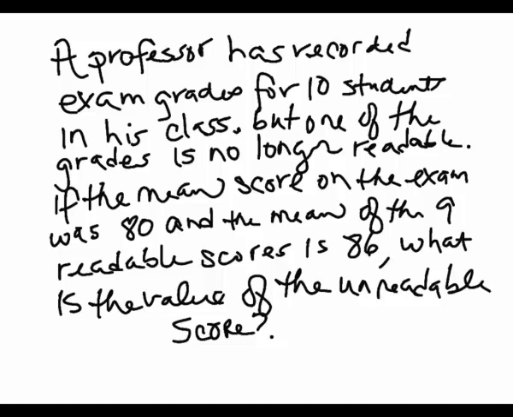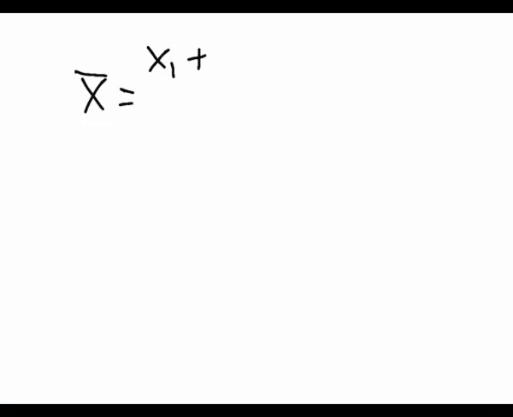Well, hopefully you've written down this problem. Let me clear the screen. Okay, we all know that in order to find your mean, which is symbolized with X bar, you're going to take all of your values, so score number 1 plus score number 2, all the way to score number 9, because that's how many we can read, right?